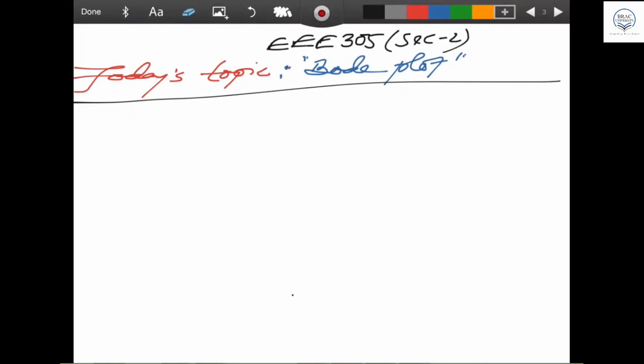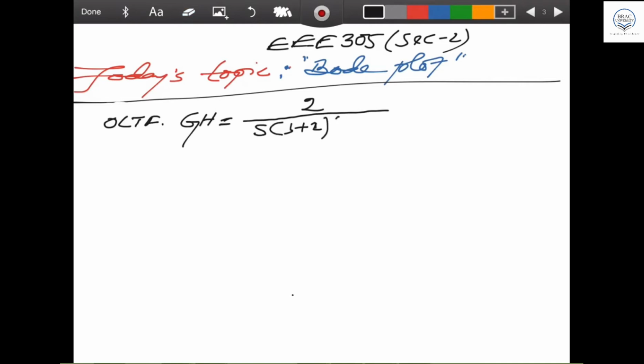The open loop transfer function gives us the system characteristics and performance, which is why we always take the open loop transfer function, which is nothing but GH, as you know. This time we can pick the example of the open loop transfer function as 2 divided by S into S plus 1, S plus 2, so that every time it will be easy for you. That's why I'm taking the same example, S plus 1, not 2.